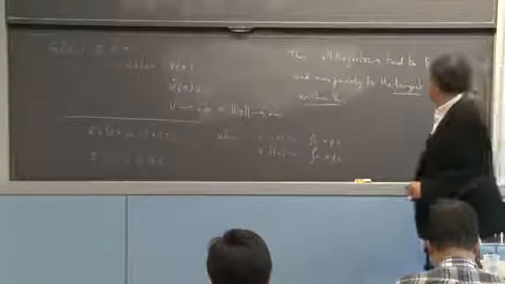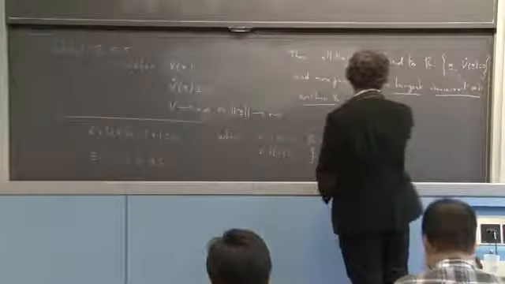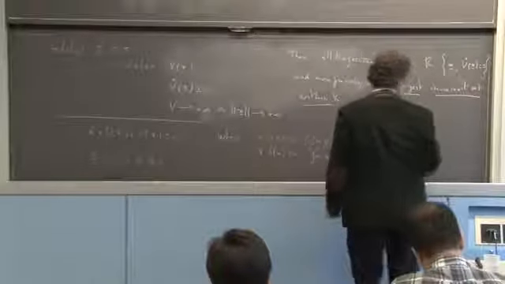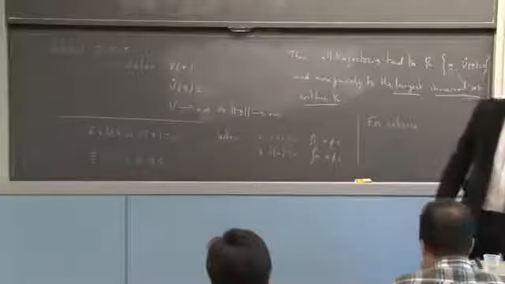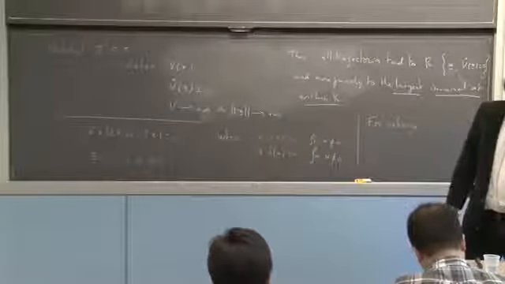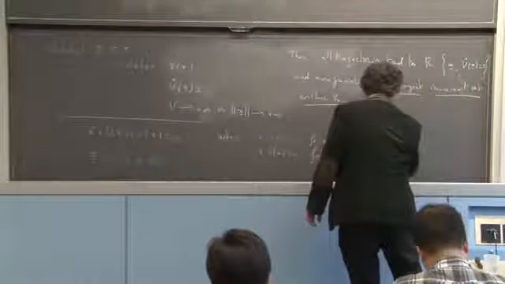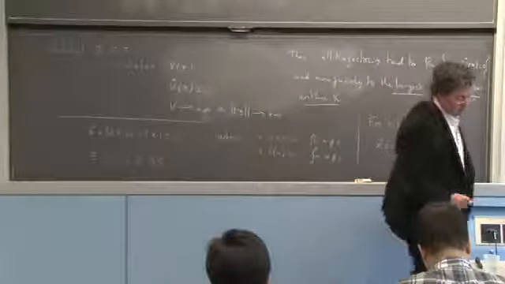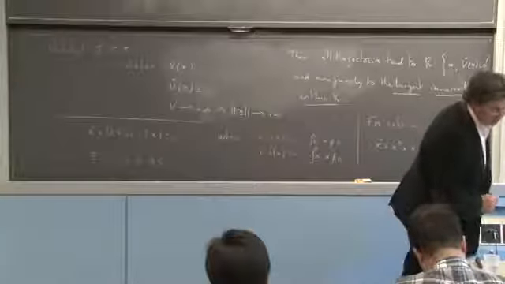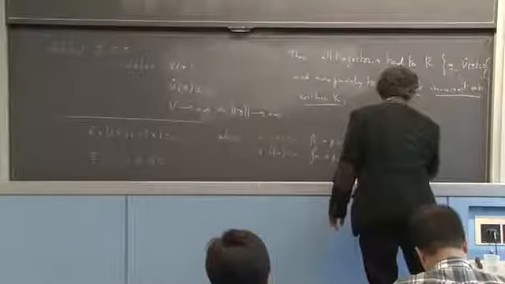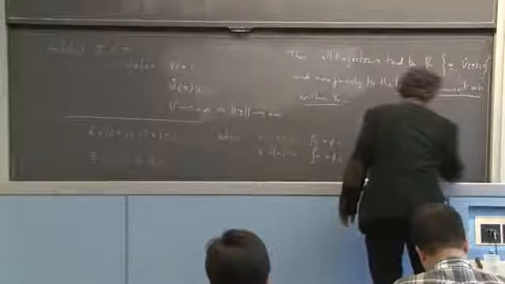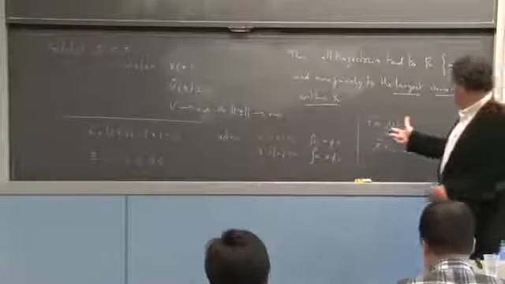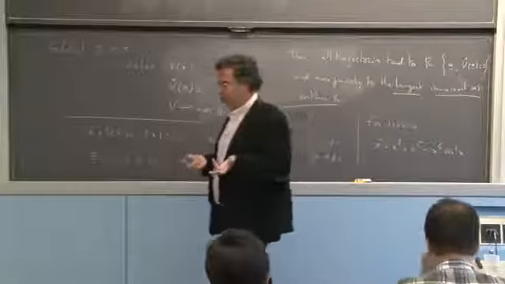We said, for instance, if we take an even more specific example, if we take this system, then this system is globally asymptotically stable.